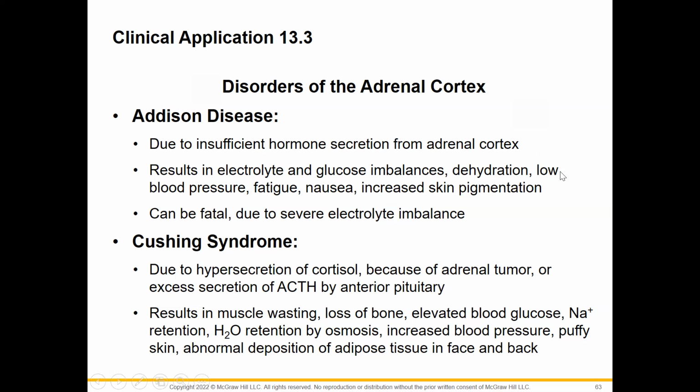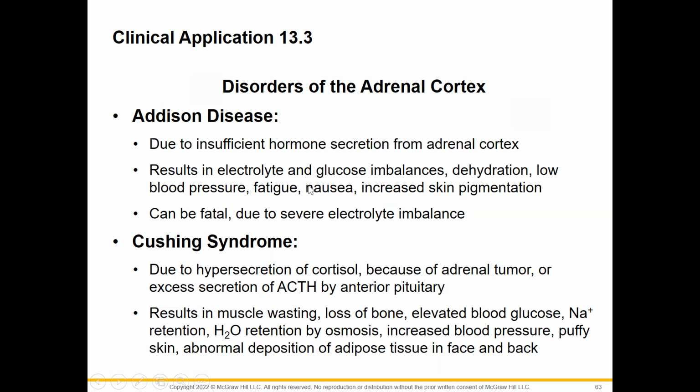Your blood pressure can become low because you don't have adequate aldosterone to retain the sodium and the water to help to maintain blood pressure. You're losing more water, which means you're losing more fluid in the plasma, which will decrease your blood pressure.